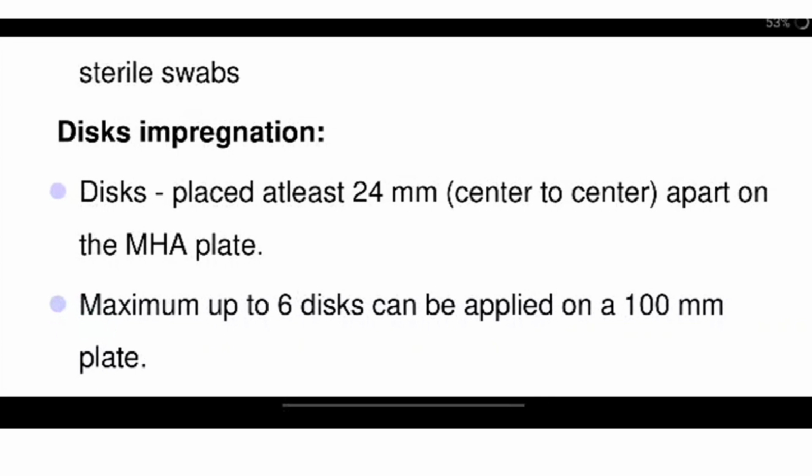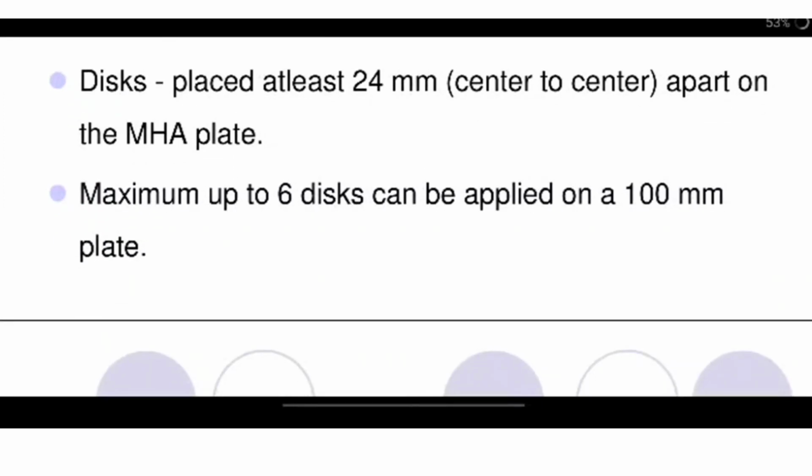Discs are placed at least 24 mm apart, center to center, not from periphery to periphery, on the MHA plate. Maximum we can put only 6 discs on a single 100 mm plate. Not more than 6 discs are recommended by CLSI.